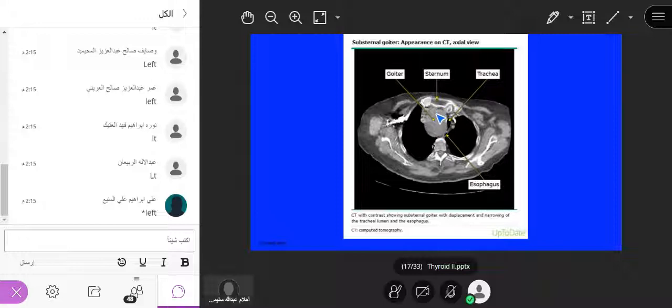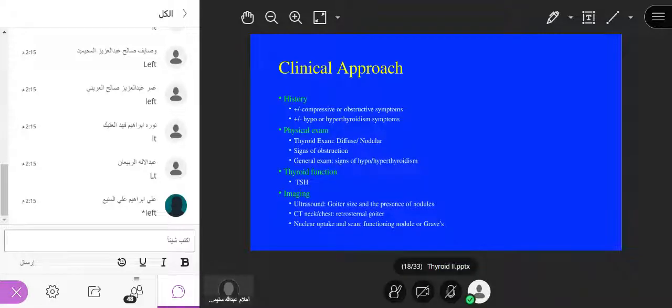That means this is a retrosternal goiter, and we can see it is pushing the trachea. The trachea here is less than 5 millimeters, so we need to examine this patient for stridor, monitor the airway, and the esophagus is also being pushed. So those patients might suffer from dysphagia, difficulty swallowing, and even difficulty breathing, especially when they lie down flat.